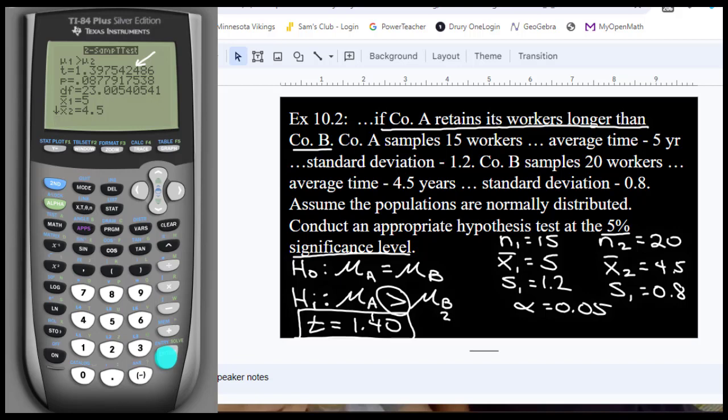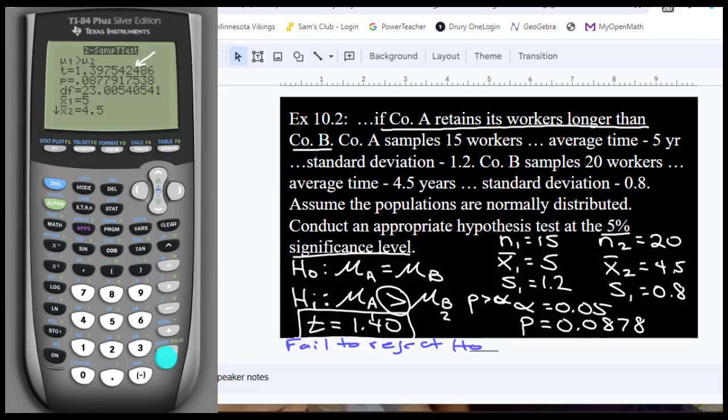And then the p-value, which is what we're going to look at right now to make our decision, is that p equals 0.0878. And we want to compare that to alpha. And in our case, p is greater than alpha. And so if we think about what that means in our scenario, that means we will fail to reject H sub 0.